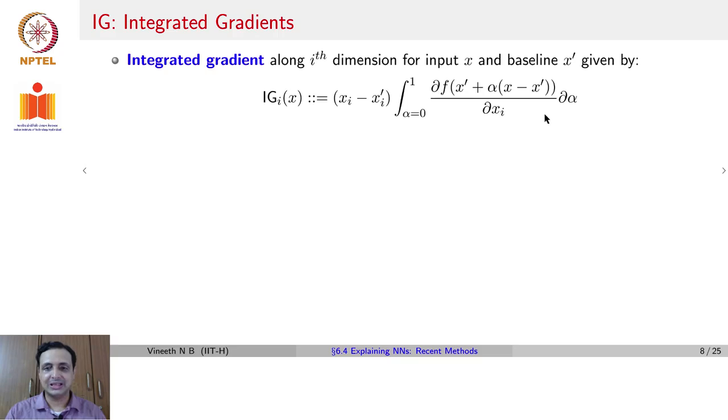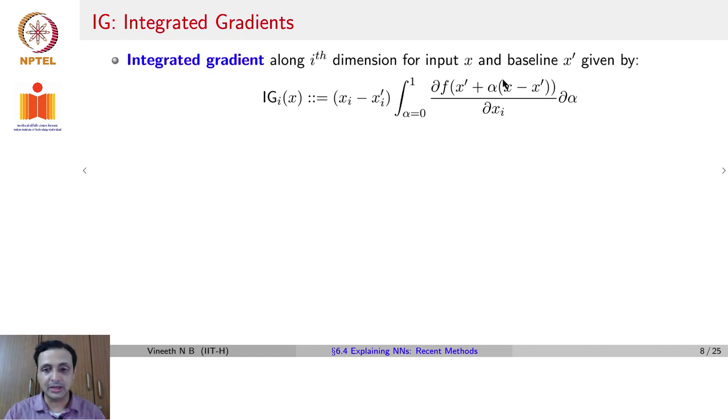What is this partial derivative? It's taking x prime plus alpha times (x minus x prime). So you have a black image and you keep adding little and little of the given image to the black image. And now you take the output of the neural network f as you forward propagate that constructed image between a black image and a given image, and differentiate that with respect to the input.